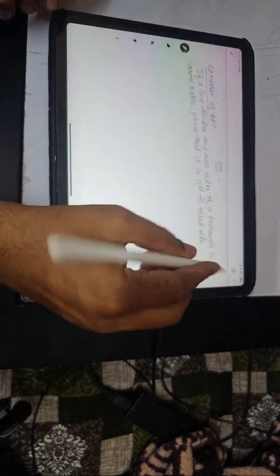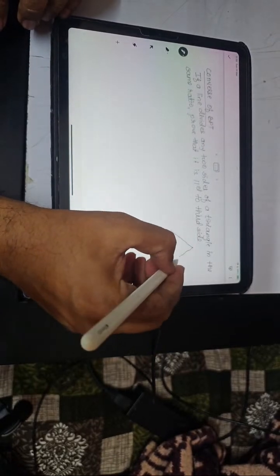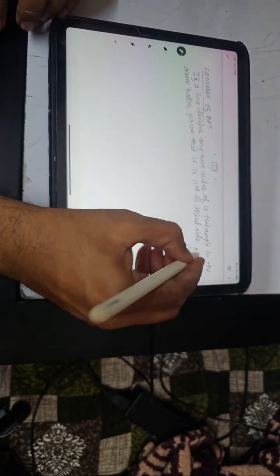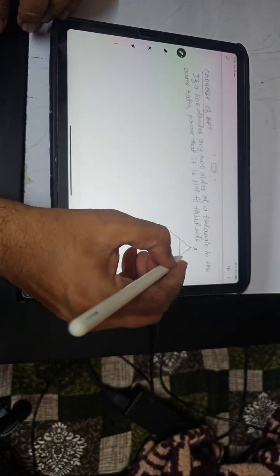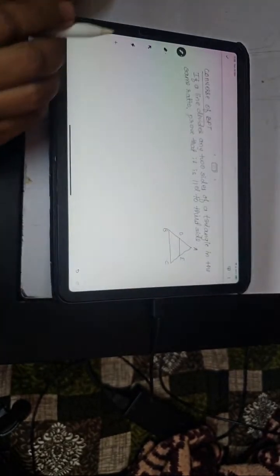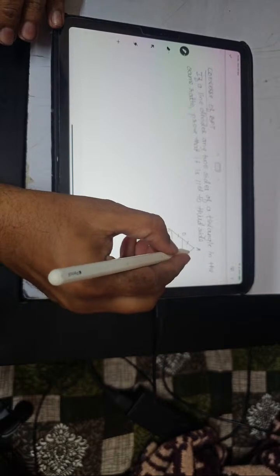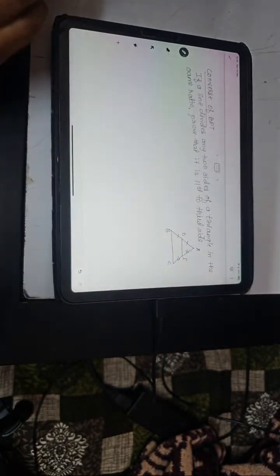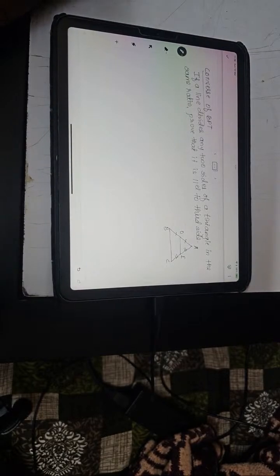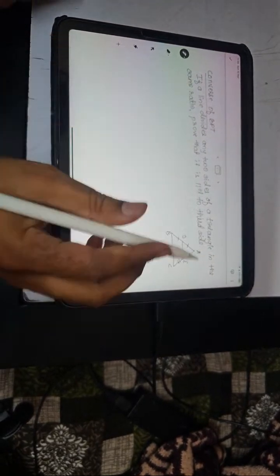Now it is showing the reverse one: it divides the sides in the same ratio, prove that it is parallel. So see, if I draw a figure again, the same figure will be here also. See, A, B, C. Now DE I am drawing. But the only thing is, now it is said in the same ratio. That means this and this is equal to this and this. So I need to prove that DE is parallel to BC.